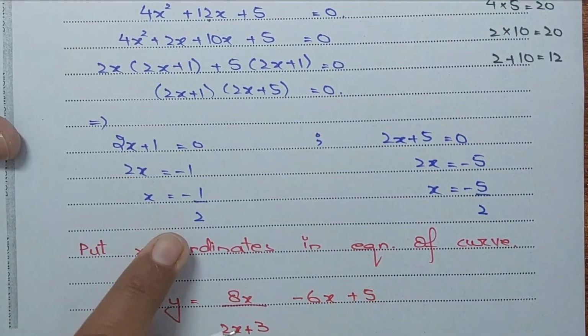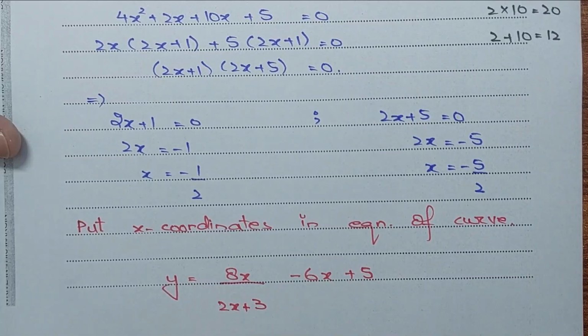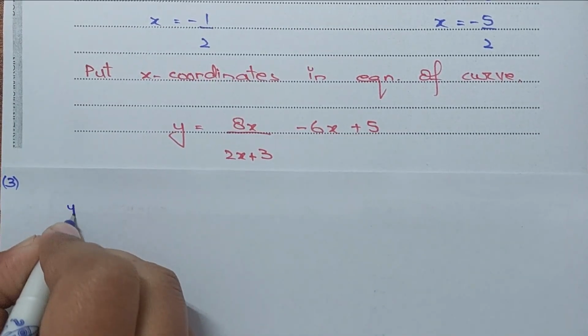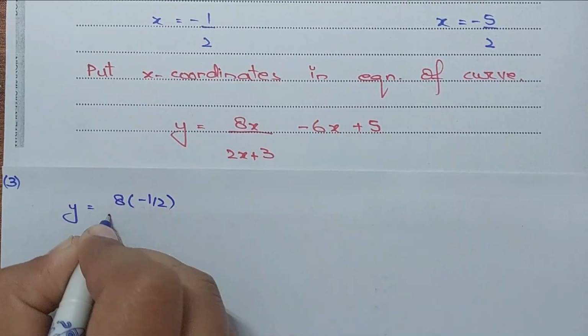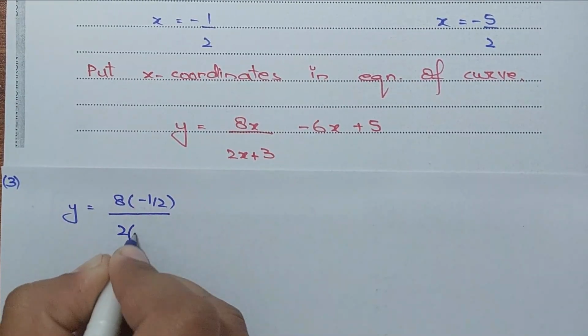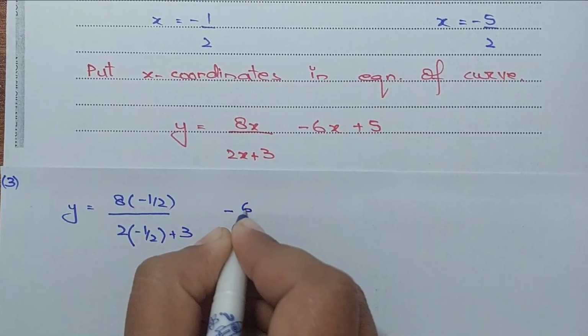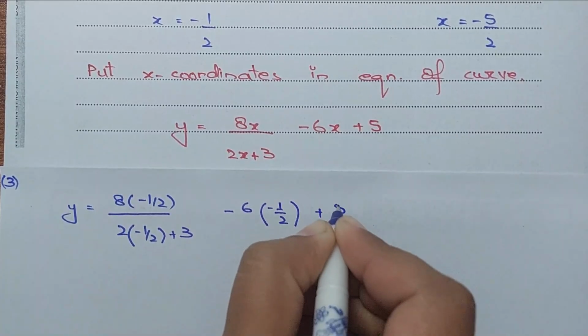We need to put 1 by 1, minus 1 by 2 and minus 5 by 2. Let me put x is equals to minus 1 by 2. So y value is 8 into minus 1 by 2 divides 2 into minus 1 by 2 plus 3 minus 6 into minus 1 by 2 and plus 5.